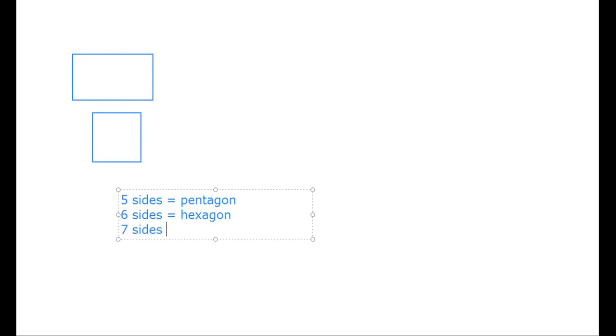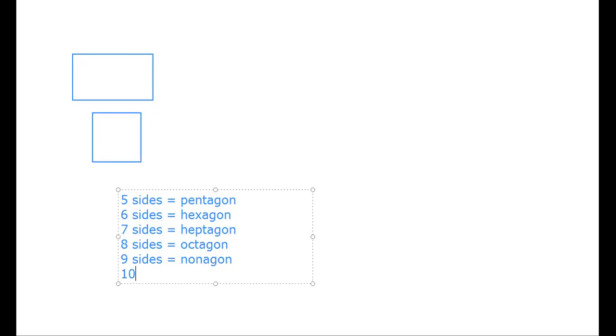Any shape having 7 sides, we call it a heptagon. With 8 sides, octagon. With 9 sides, nonagon. And with 10 sides, decagon.